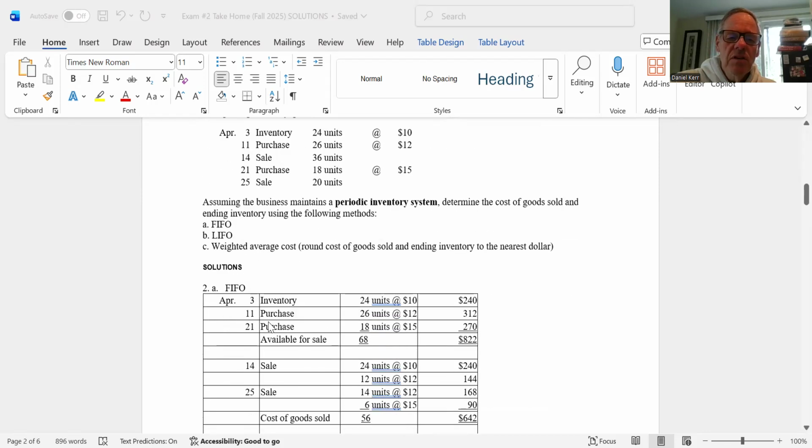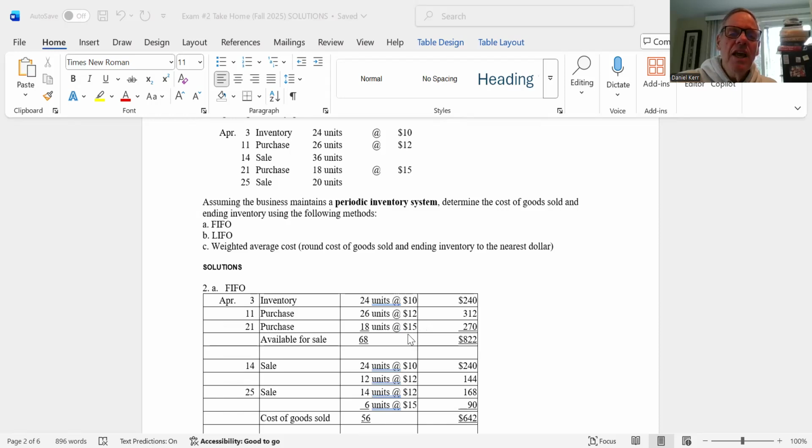So FIFO assumes the first goods that came in were the first goods that you got rid of. So you're going to get rid of these 24 units at 10, then you're going to get rid of these 26 units at 12, then you're going to get rid of these 18 units at 15. So every time you make a sale, you can only account for the units that you actually had at that price.